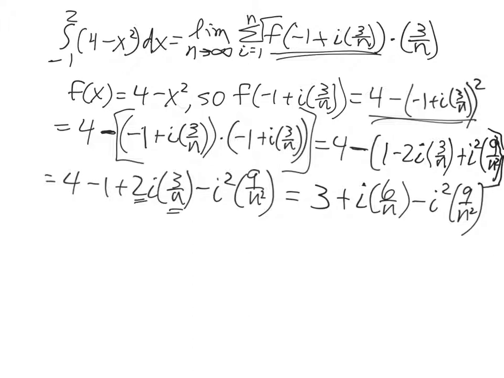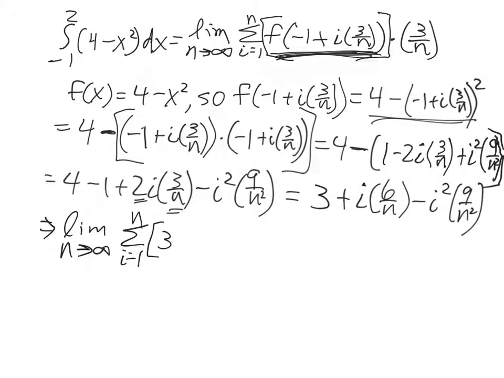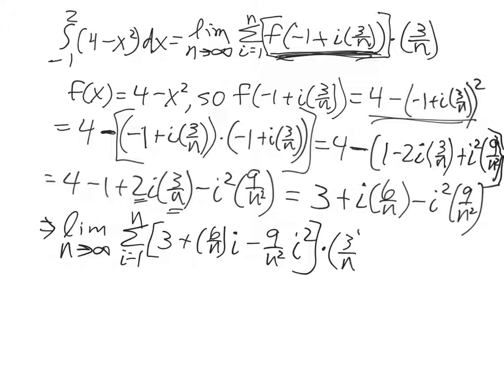So that expression will go into our summation formula there, and we'll have the limit as n approaches infinity, the summation from 1 to n of 3 plus i times 6 over n. Let's go ahead and put it this way, a little more typical way of writing the summation. And then don't forget times the delta x, which is our 3 over n.